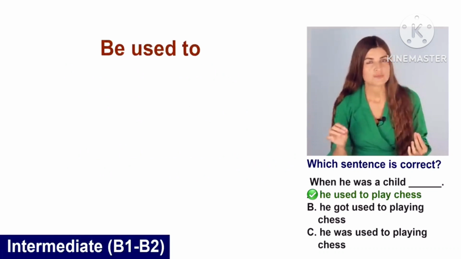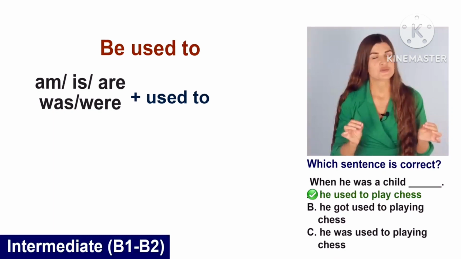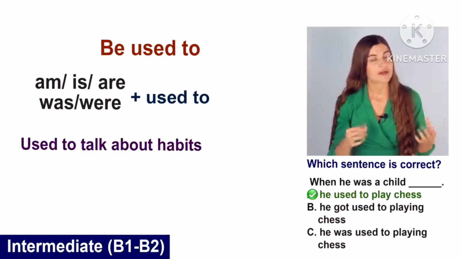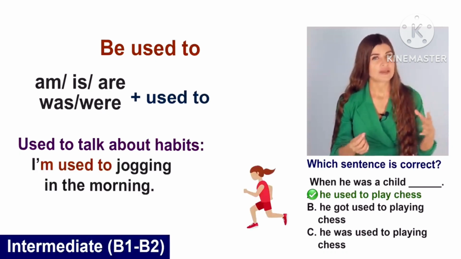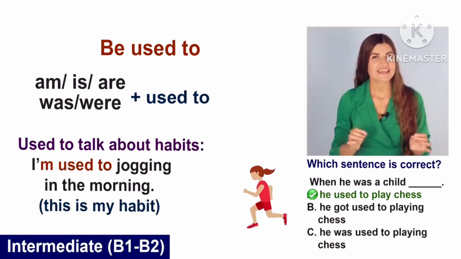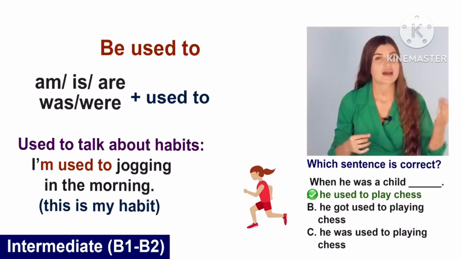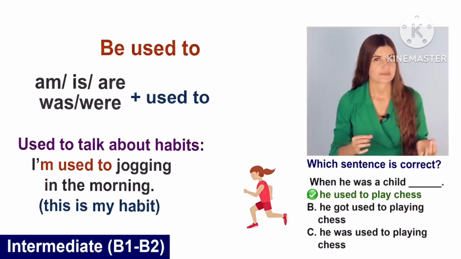There is another structure, be used to. Am, is, are, was, were plus used to, which is used to talk about habits. For example, I'm used to jogging in the morning, which means this is my habit. In this case, we use the verb with ing. I'm used to jogging in the morning.